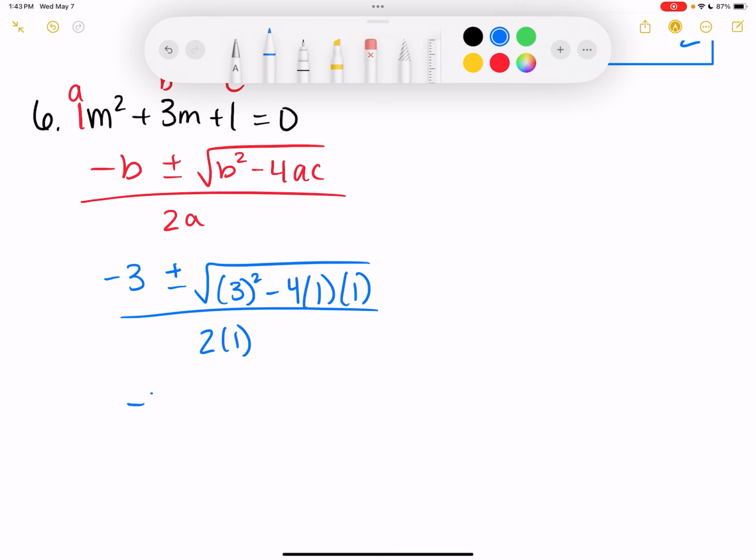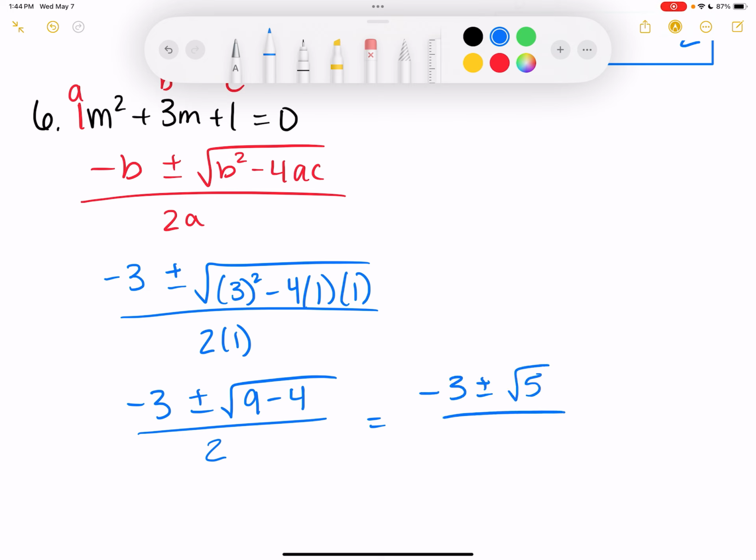So I've got negative 3 plus or minus the square root of, that's going to be 9 minus 4, over 2. So then that gives me negative 3 plus or minus the square root of 5 over 2. Now, is the square root of 5 a perfect square? Nope. So we just would leave this one like this.